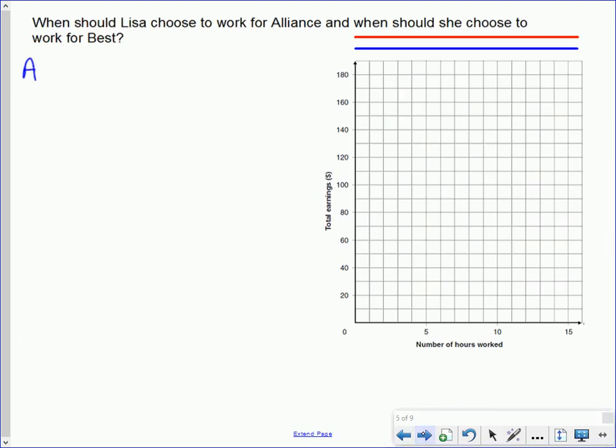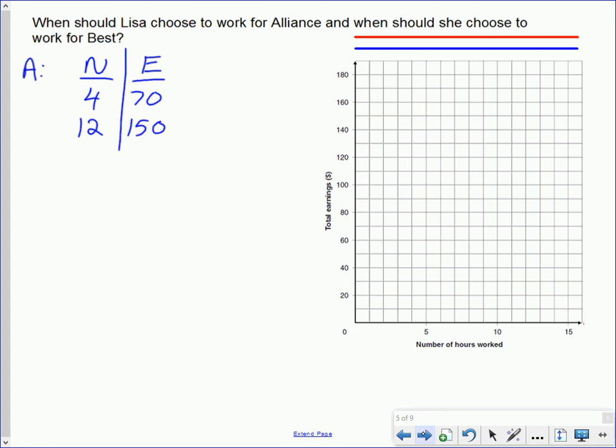So how can we graph this line here? Well, for Alliance, we know two data points. We know that when the number of hours was 4, her earnings were $70. And when the number of hours was 12, her earnings were $150.